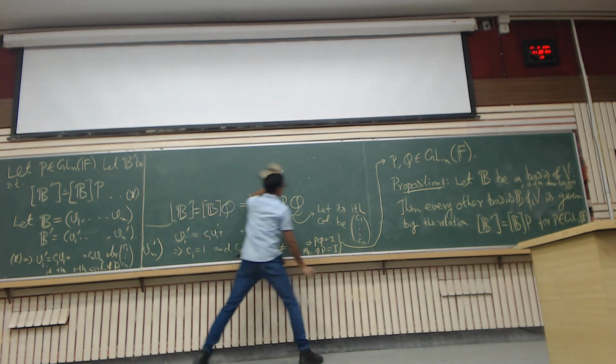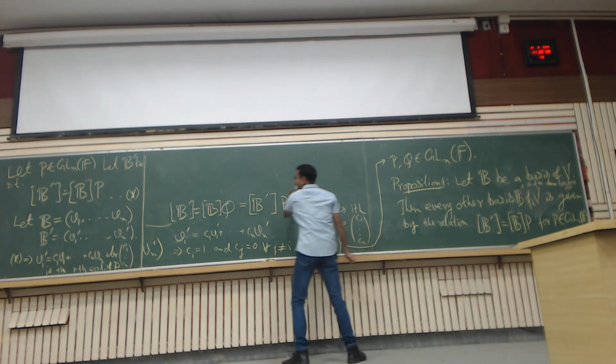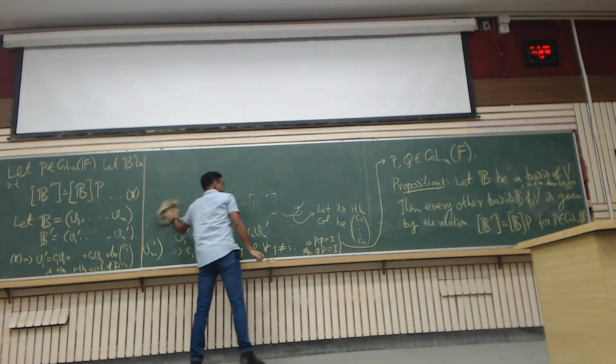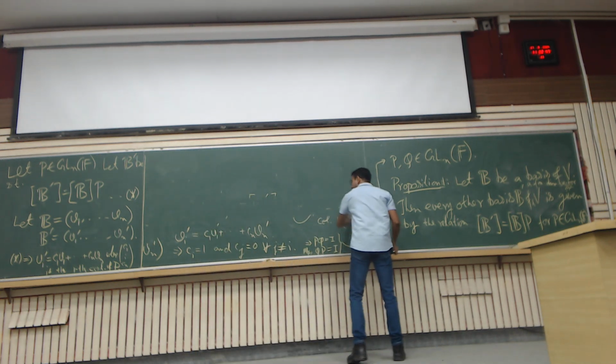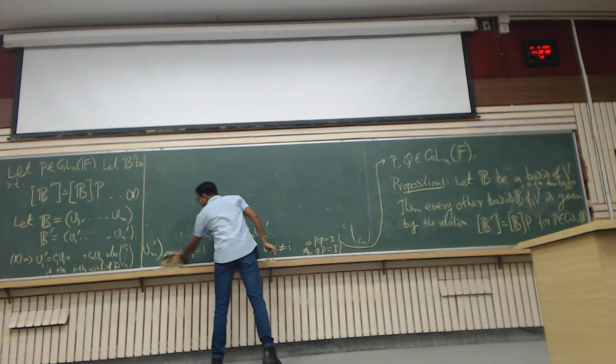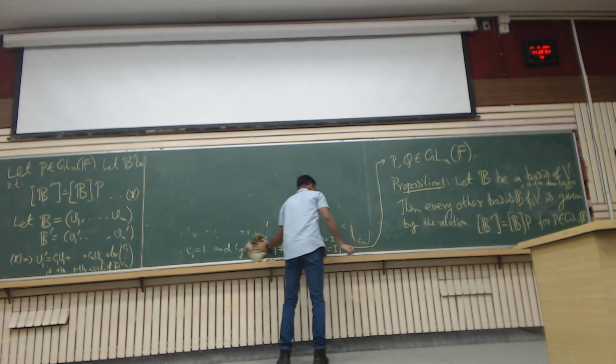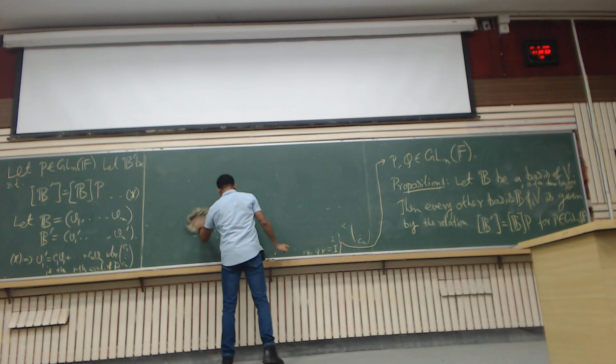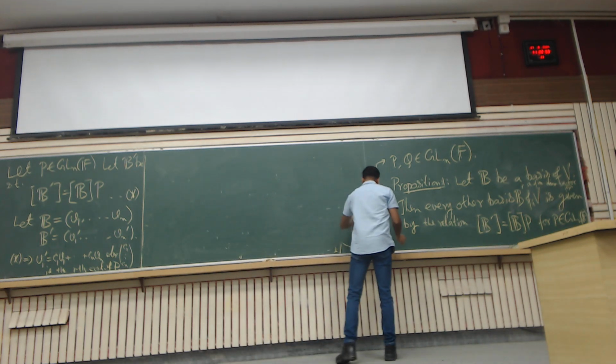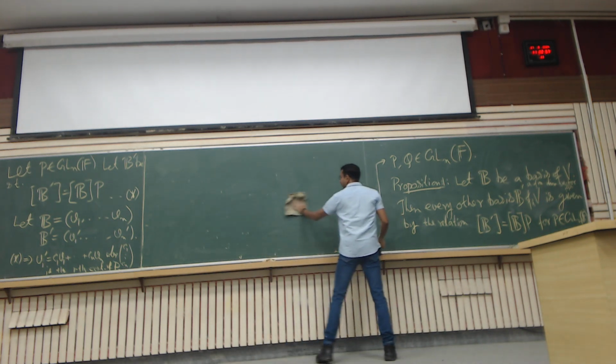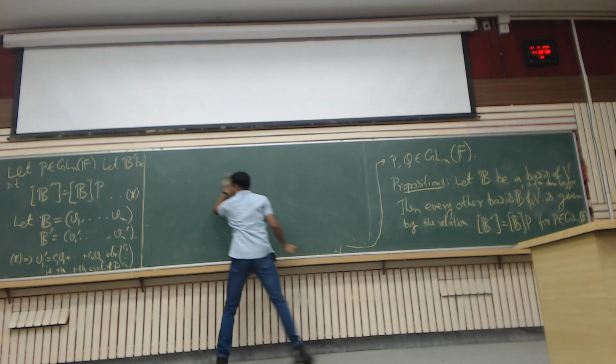What are we going to show? That the elements of B prime are also spanning the set. And this will follow from the invertibility of P. So just think for yourself why.